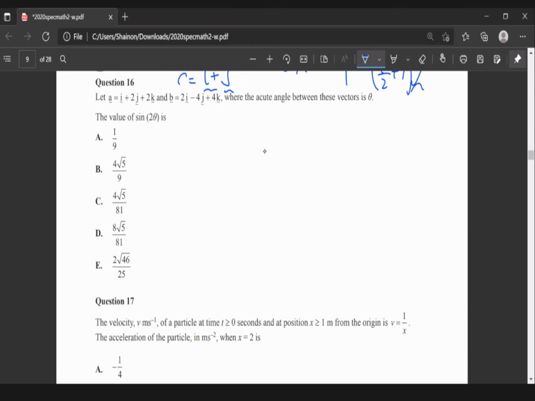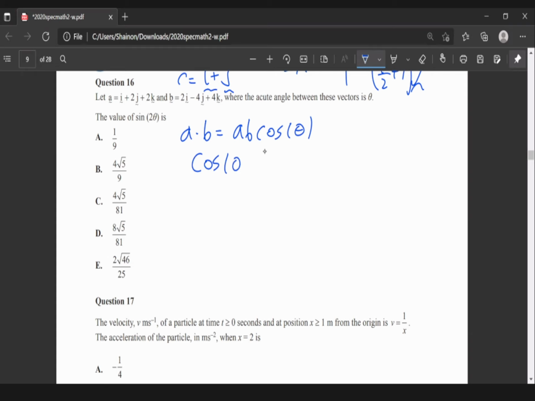16. Let A equal to that, B equal to that. So A dot B is going to be |A||B| cos theta. Find the angle first.